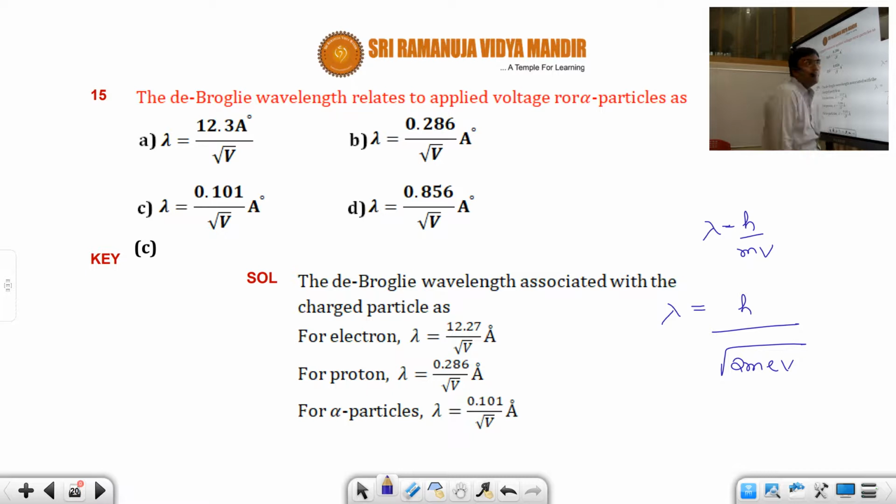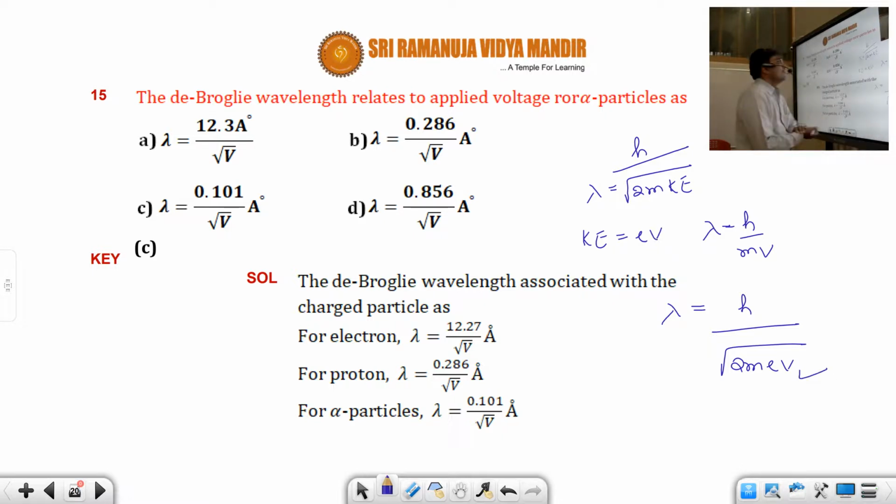Already you know very well, because lambda is equal to h by root over 2m KE, and you know very well KE is equal to the stopping potential eV, so I replaced it with eV. I hope you are clear, students. Now substitute the values one by one. For an alpha particle, what is the value of the charge? He 2 4.